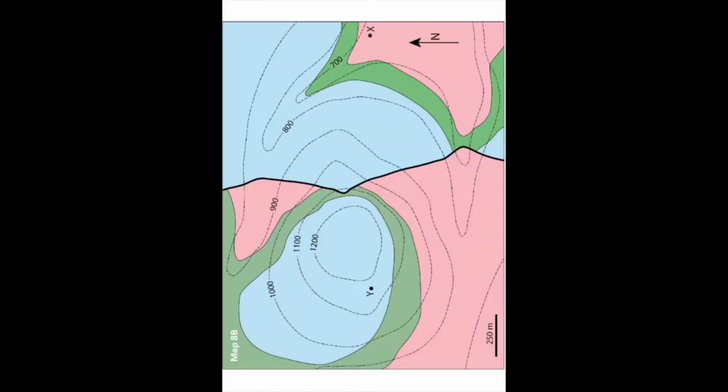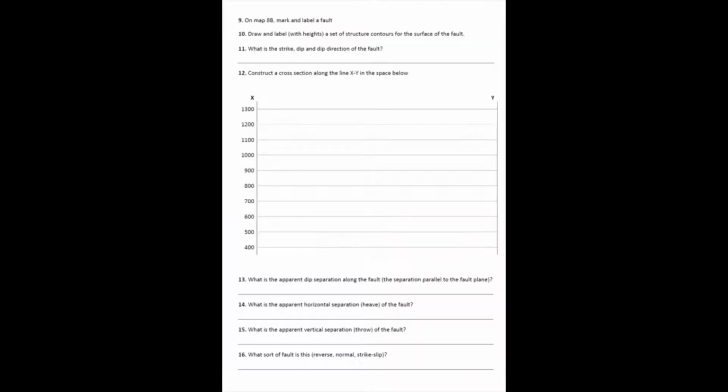And then map 8B has a fault which has displaced a series of conformable rocks, and from that map we ask you some questions about the direction, the geometry of the fault, the sense of displacement, and so on.